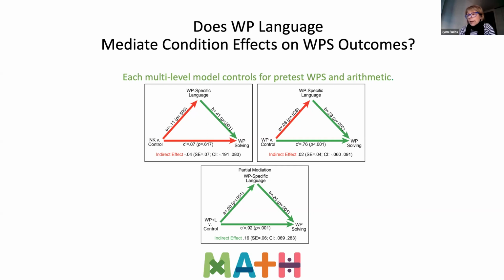And for every unit of language improvement, we see an additional improvement on word problem solving. And so that is the mediation effect. We get that same mediation effect when we're contrasting word problem with language versus word problem without language. So that also mediates the effect on the word problem outcome. Next slide.